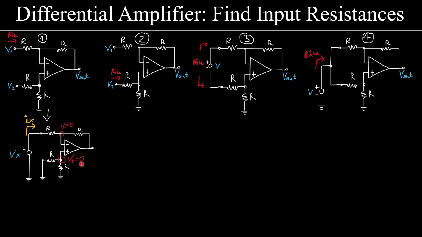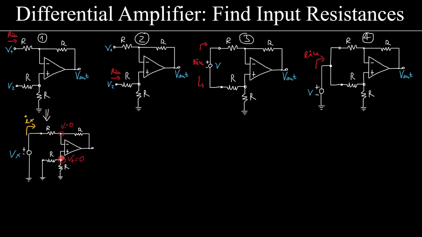Why? Well, because if this point had any other voltage, so let's say this point had 5 volts, it would mean that this point has a higher voltage than this point and this point at the same time, which means there should be a current flowing from here all the way to here and a current flowing from here all the way to here. Because this point has a higher voltage than here.